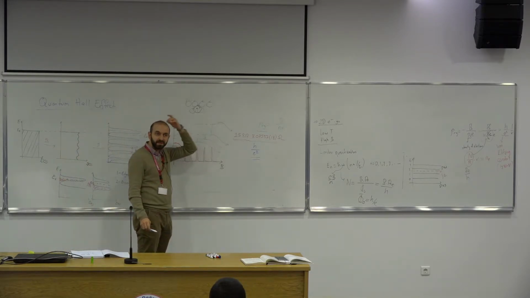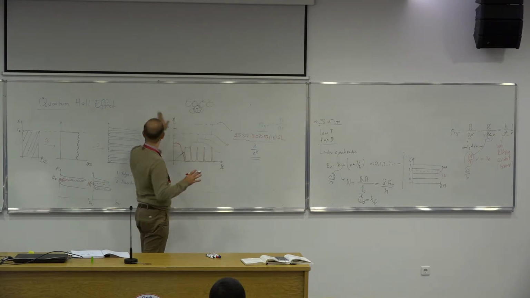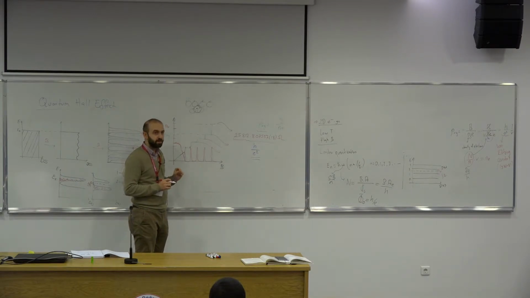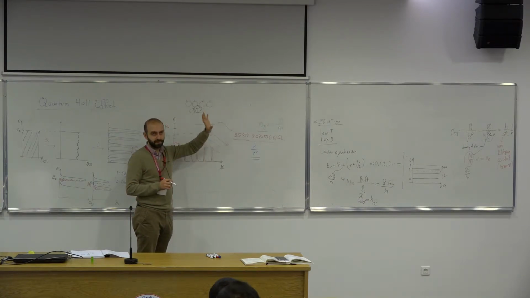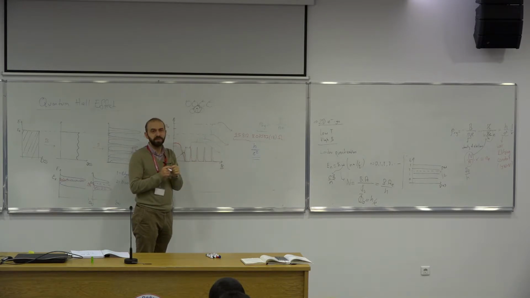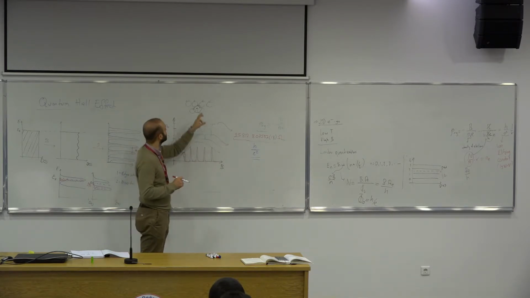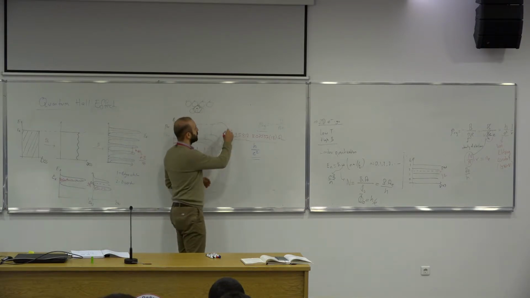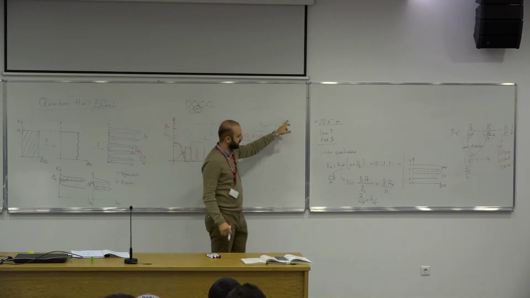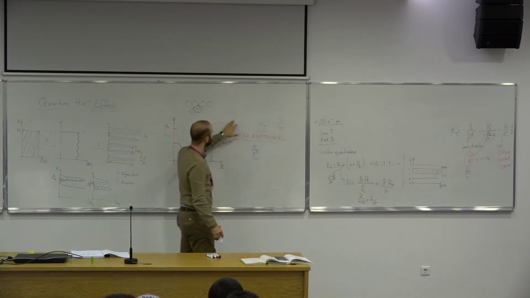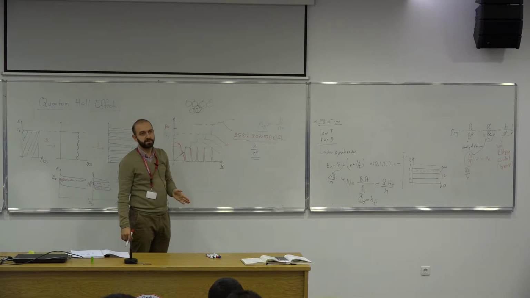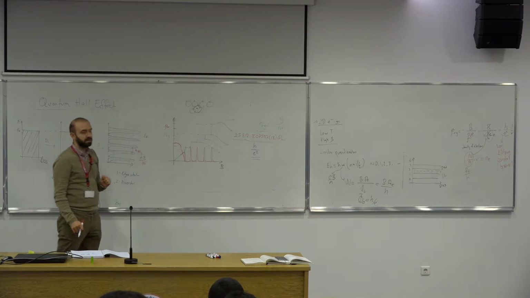I don't think anything will happen in the framework of integer quantum Hall effect, but then you'll start inducing electron-electron interactions, because now the electrons will have more complicated paths as you pass beyond certain magnetic field, which initially we had certain assumptions on, okay? Then once you go beyond that, we'll go into the regime of fractional quantum Hall effect. But at this point, it's not something that we'll look at.